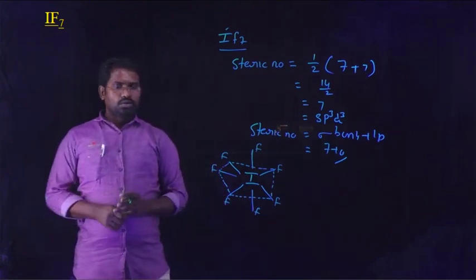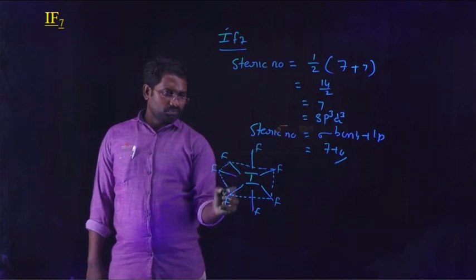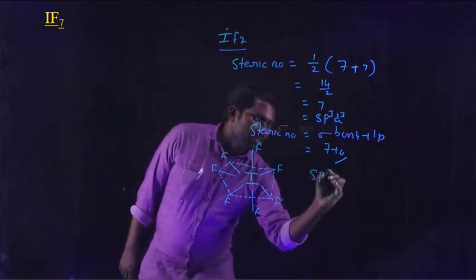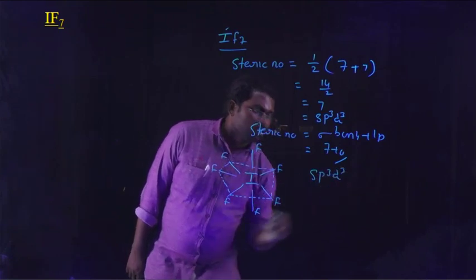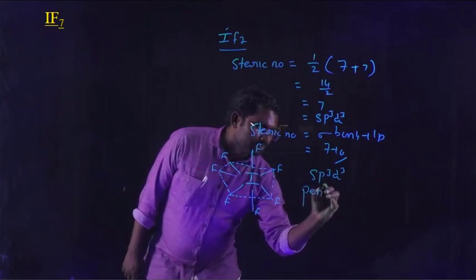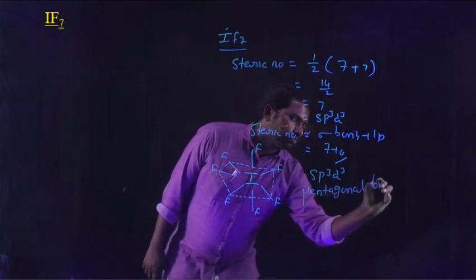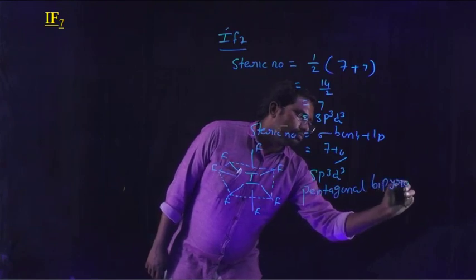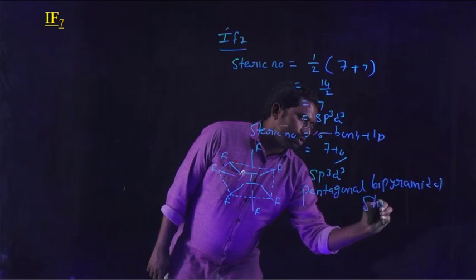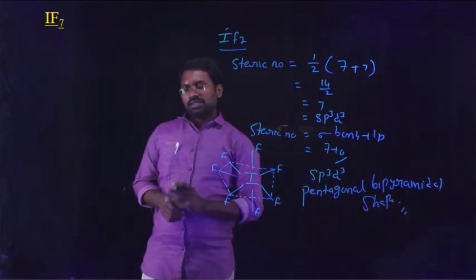No lone pair of electrons. In IF7, I is the central atom, with 7 fluorines. So here hybridization is sp3d3 and the shape is pentagonal bipyramidal. So this is about the structure of IF7.